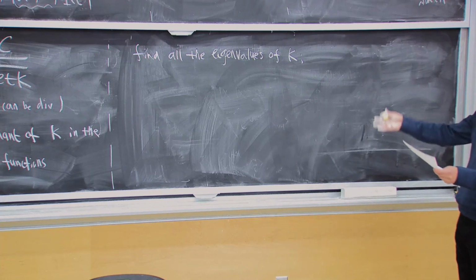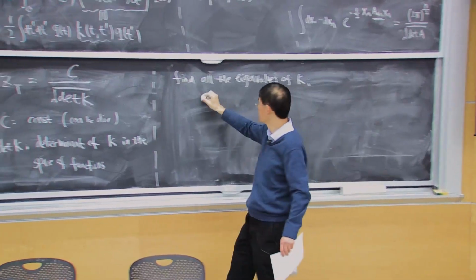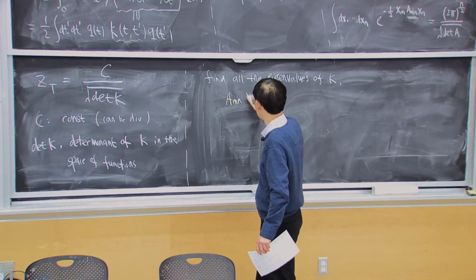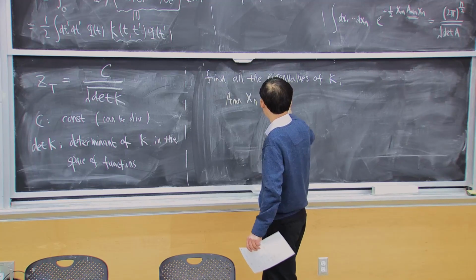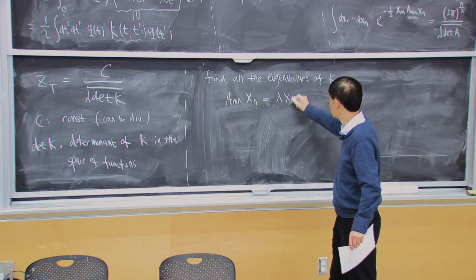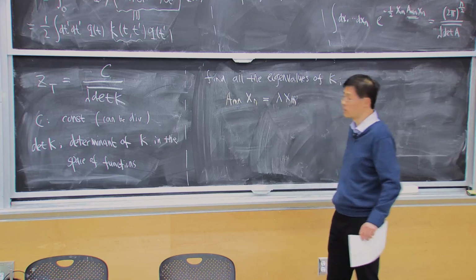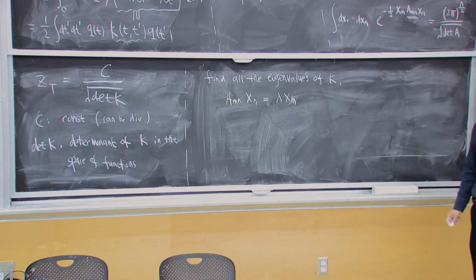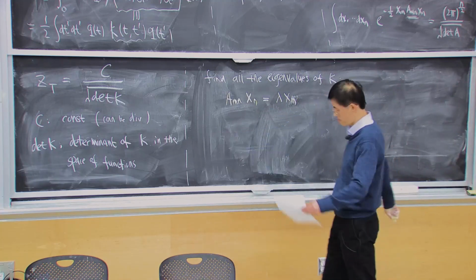So how do we define the determinant through eigenvalues? When we define the eigenvalue of A_mn, we find the eigenvector x satisfying this behavior, where the n is summed. Now the analog of the mn here is t and t prime.